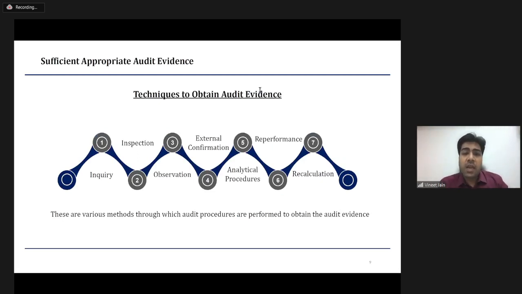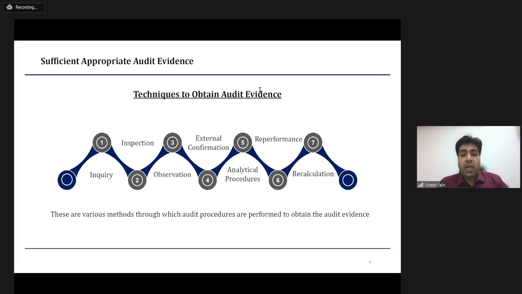These techniques are part of audit procedures in itself, and all of those audit procedures are dependent upon these techniques. There are 7 different types of techniques through which we obtain audit evidence, the first one being inquiry. All of these techniques are basically methods wherein the audit procedures are performed and the audit evidence is obtained.